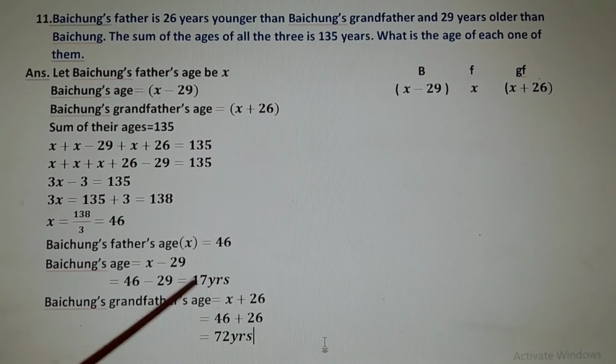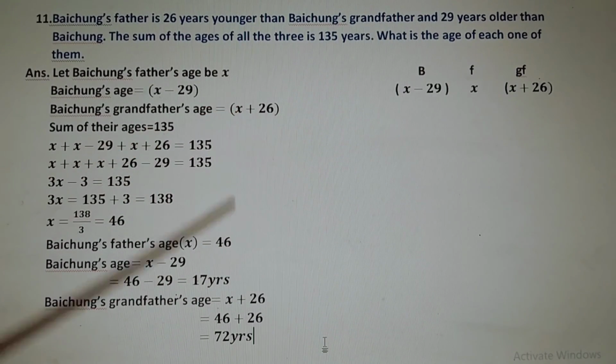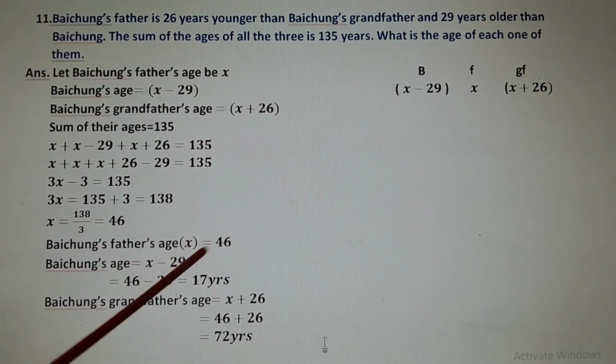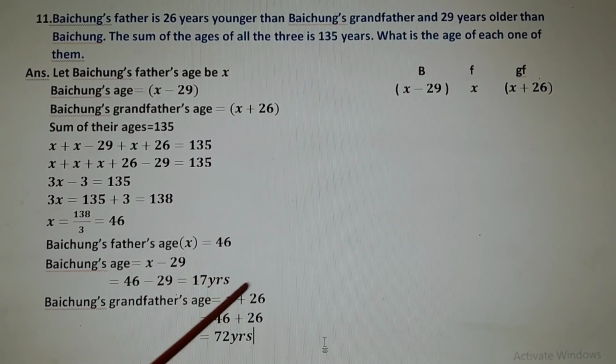Baichung's grandfather's age is equal to x plus 26. Value of x is 46. 46 plus 26 is equal to 72. Here we got the ages: Baichung's father's age is equal to 46, Baichung's age is equal to 17 years, Baichung's grandfather's age is equal to 72 years.